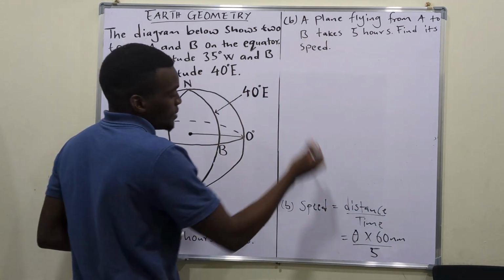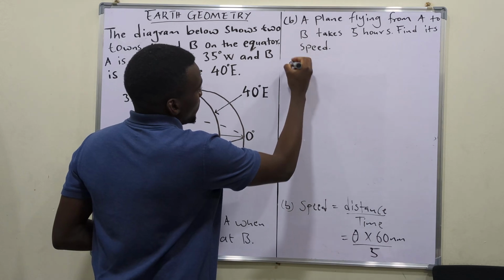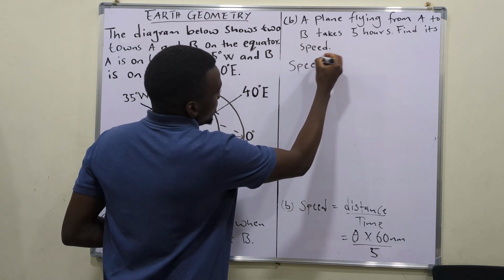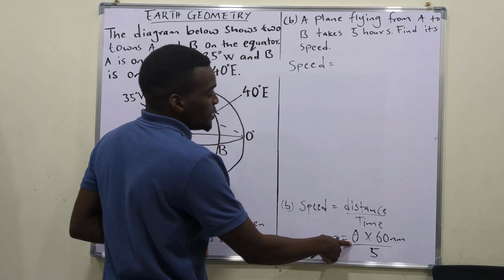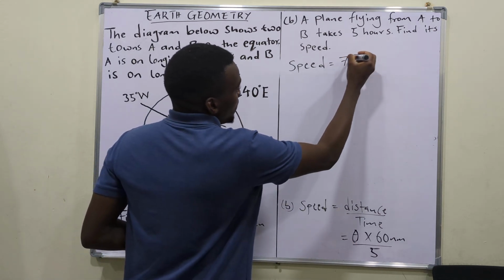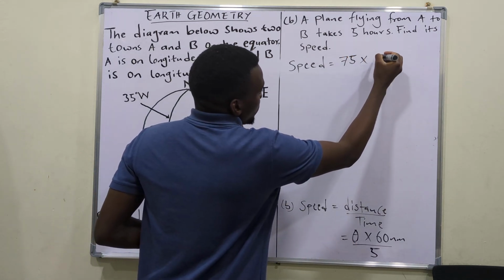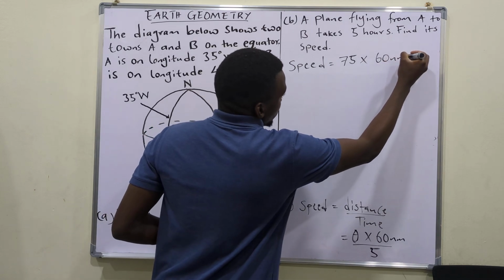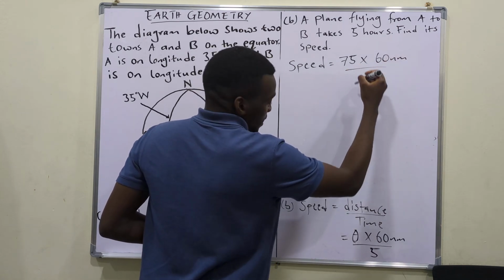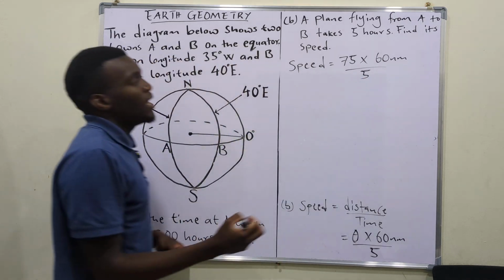So speed in this case will be, the difference in longitude was 75, so we get 75 multiplied by 60 nautical miles, and then divide by the time, which is 5.